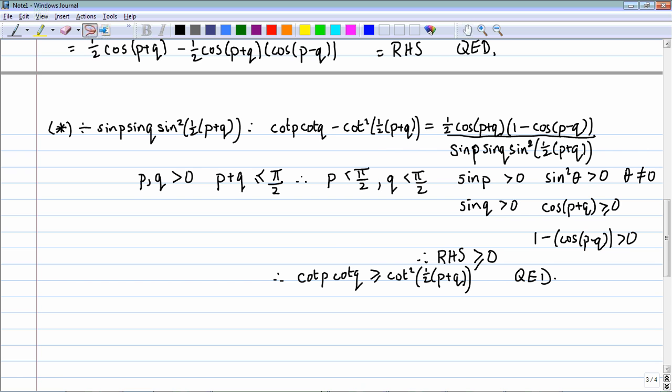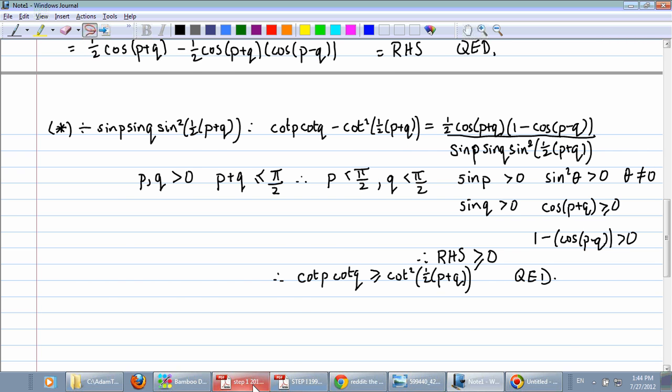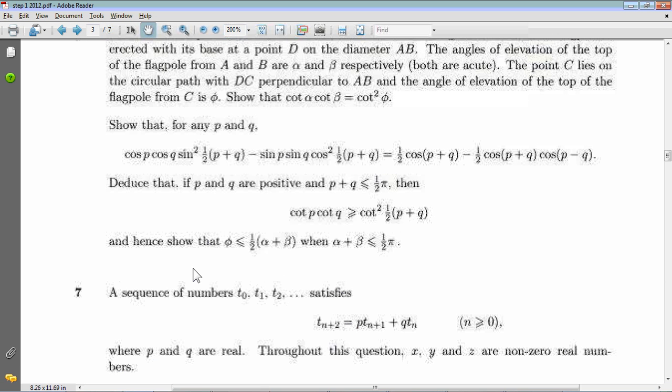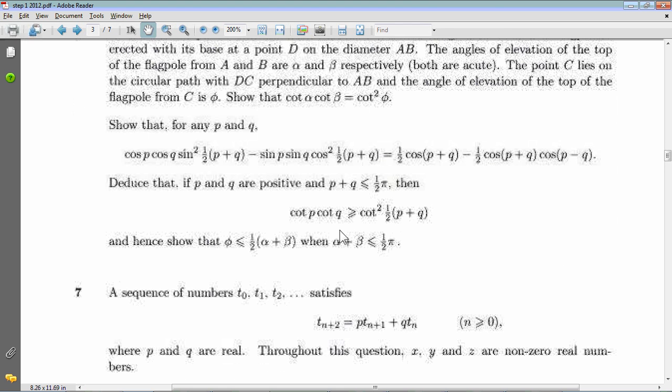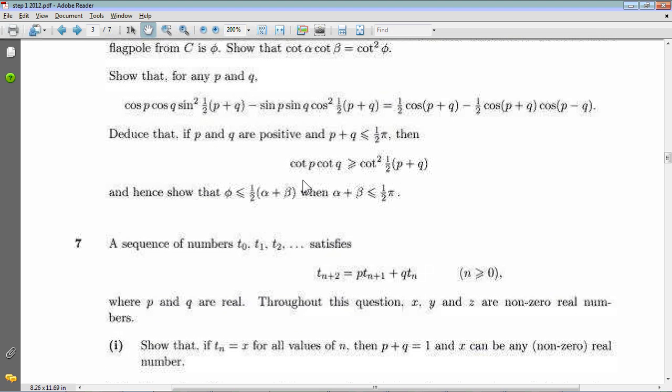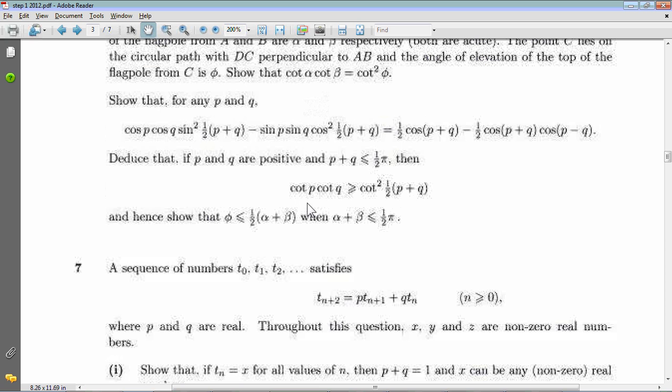The last part, if I can find it, show that phi is less than or equal to 1/2 (alpha plus beta) when alpha plus beta is less than or equal to pi over 2. Alpha and beta are positive, so we can apply what we've just learned: alpha and beta satisfy the conditions for p and q in the previous part.